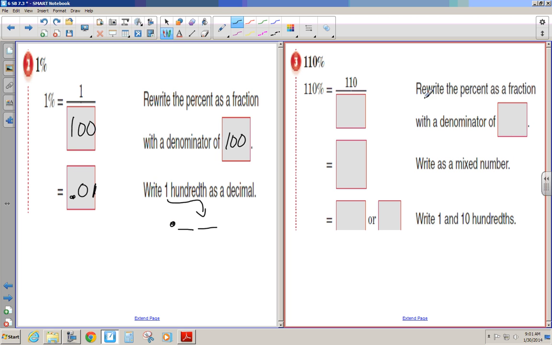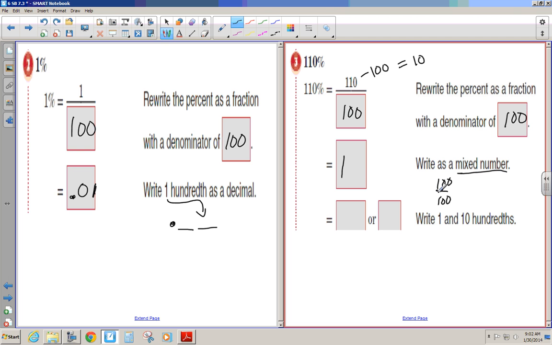All right, so for this, 110%, rewrite the percent as a fraction with a denominator of 100. That's still the same step. But then we write as a mixed number. So writing as a mixed number means we look at 110 over 100, and hopefully you realize that there can be a whole. And then you look at what's left over. If you took 100 away from the numerator, you'd have 10 left over.